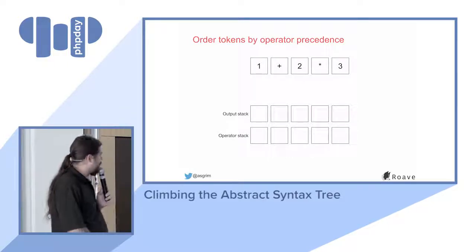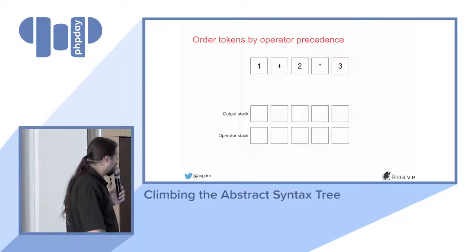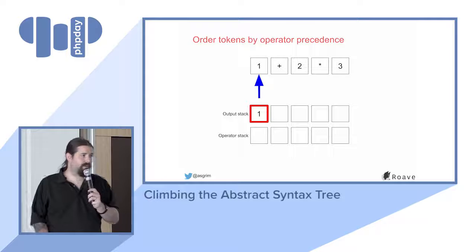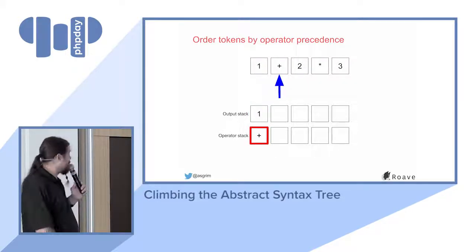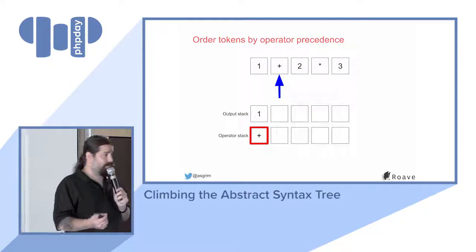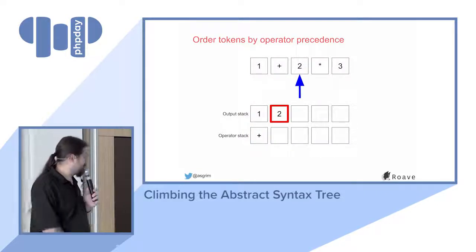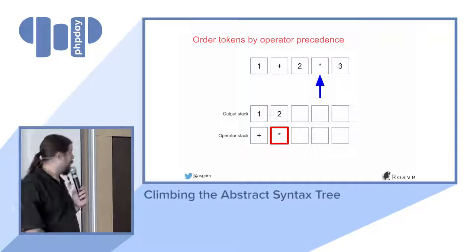Let's look at this in a slightly different way. This is some visualization, maybe it'll help you understand what's going on here. We take the first, which is a value, so we put that into the output stack. The next token is the add operator. There's nothing already of higher operator precedence in the stack, so we just add it straight in there. The next is a value, we put that onto the output stack.